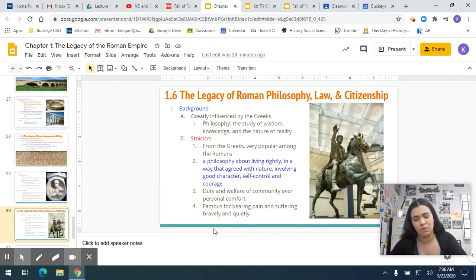Duty and the welfare of the community over personal comfort was really important to them. So that means nation over individual. They were famous for bearing pain and suffering bravely and quietly. So if someone, let's say a relative passes away, and someone handles it in a way where they don't really show emotion, they don't really cry, someone might describe them as stoic. Not that it's a good or a bad thing, that's just how they would have described them.